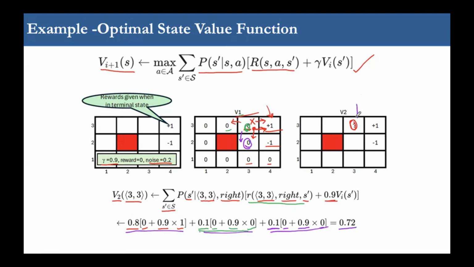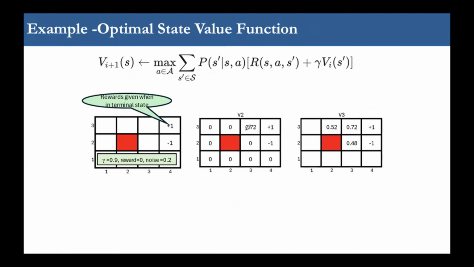So our value for this particular cell is 0.72. Now in iteration 2, we get the value 0.72.